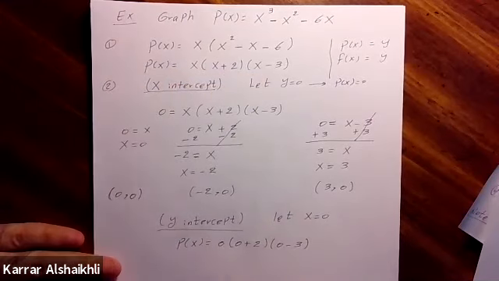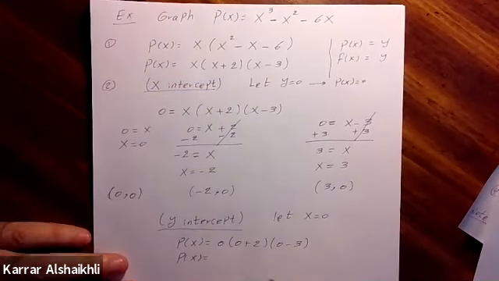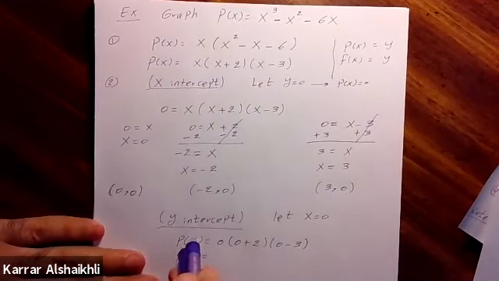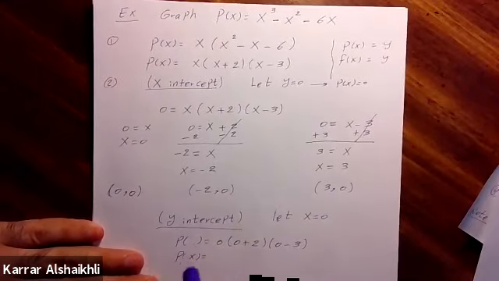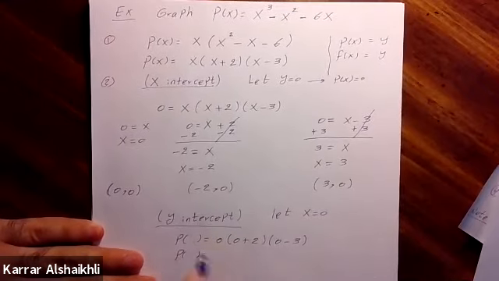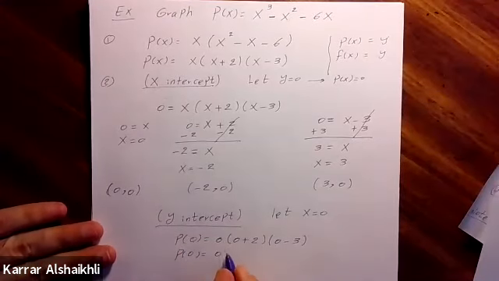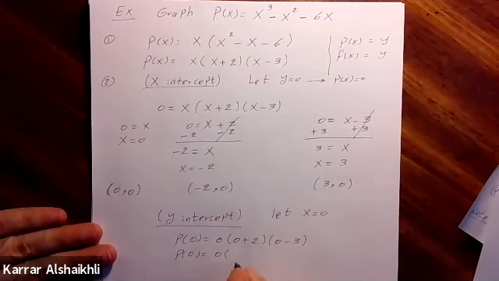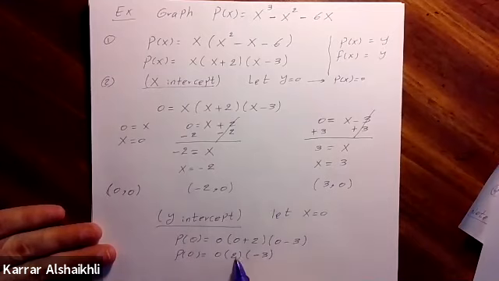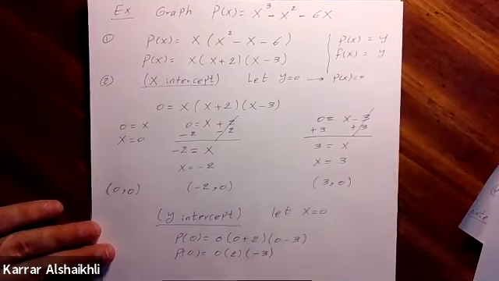Let's simplify this one. P of x is going to be, or P of 0, because we're going to plug in 0 instead of the x. So here is 0. 0 plus 2 is going to be 2. 0 minus 3 is going to be -3. Now multiply these numbers. 0 times 2 times -3 is going to be 0.